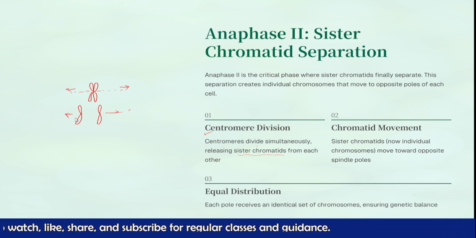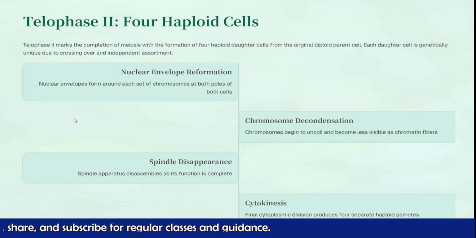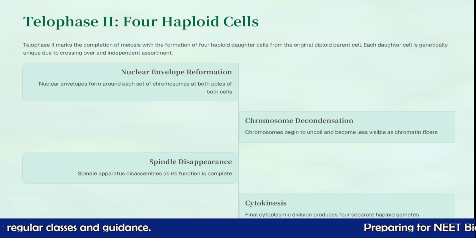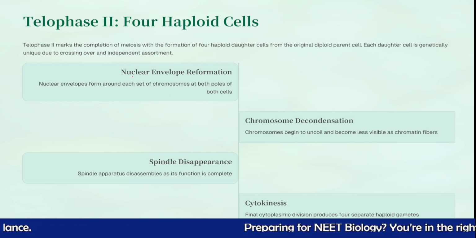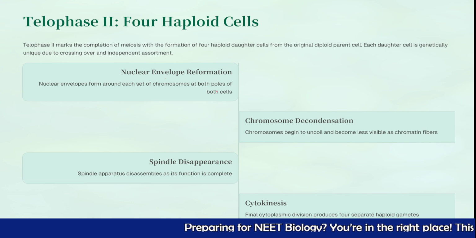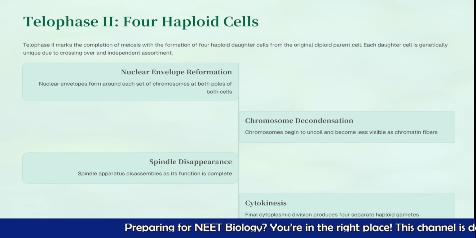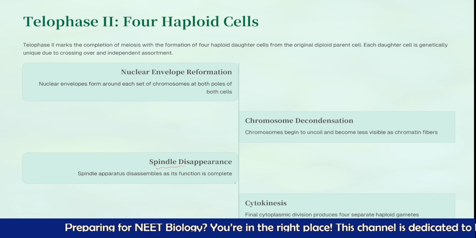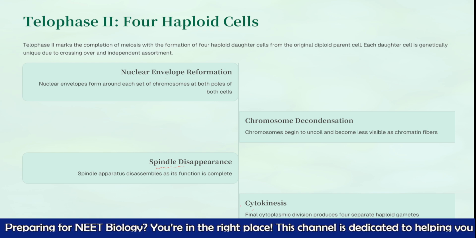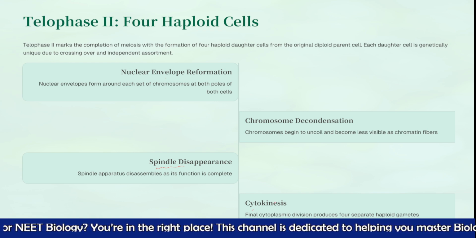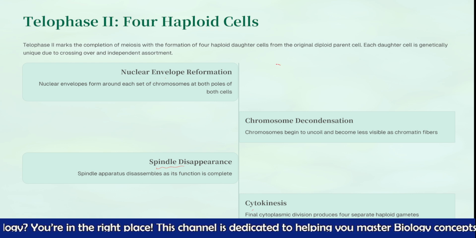Right? Then the last phase is the telophase. In telophase, again decondensation of the chromosomes takes place, nuclear envelope reformation takes place, the spindle fibers disappear, and finally cytokinesis, the cell division, takes place.